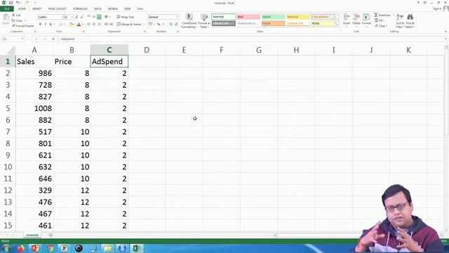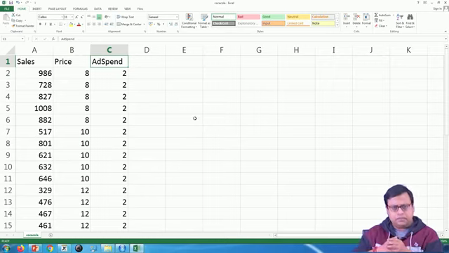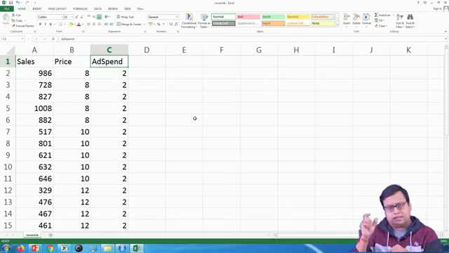When the advertisement spend was 2, they spent around 5,000 rupees per retail store, and when the advertisement spend was 1, they spent around 300 rupees per retail store. And the number of products sold is this sales column. This sales is the sales volume in terms of units, that is, how many units of that particular product were sold.